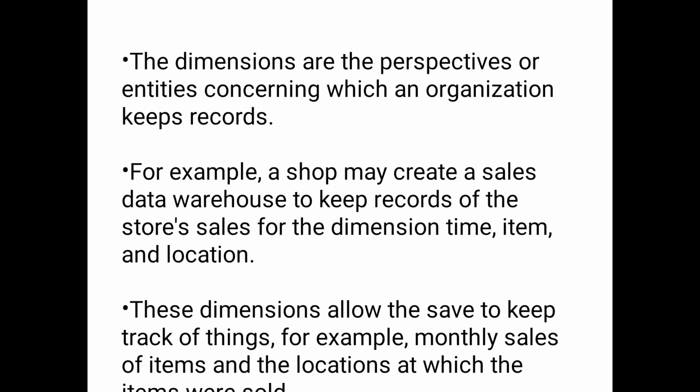For example, a shop may create a sales data warehouse to keep records of the store's sales for the dimensions time, item, and location. These dimensions allow the store to keep track of things, for example monthly sales of items and the locations at which the item was sold.